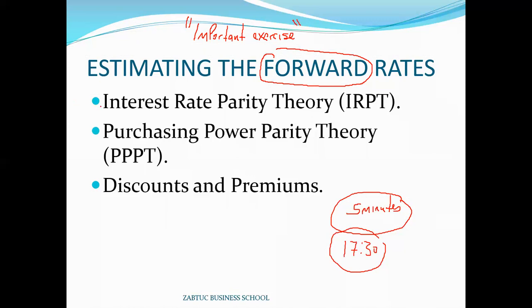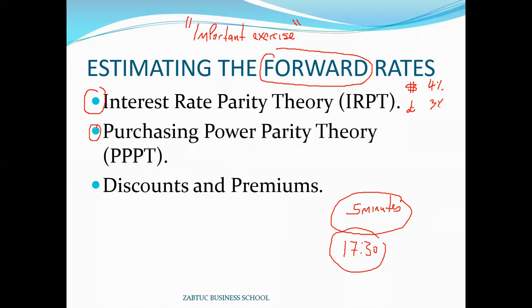There are three possibilities. You can use the interest rate parity theory, meaning the interest rate differential between the two currencies. What are the interest rates on the dollar? What are the interest rates on the pound? The differences in the interest rates can be used as a basis for estimating a forward rate.